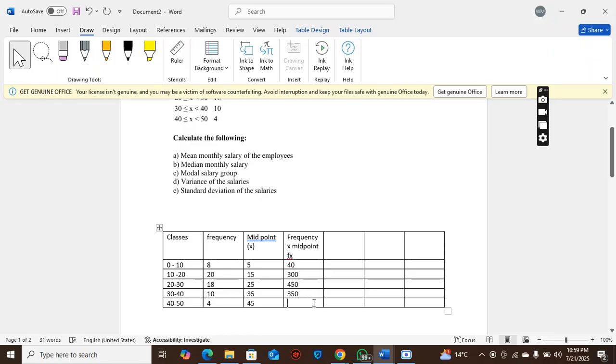Then 4 times 45. Okay. Colleagues, are we all okay with this? Any questions?